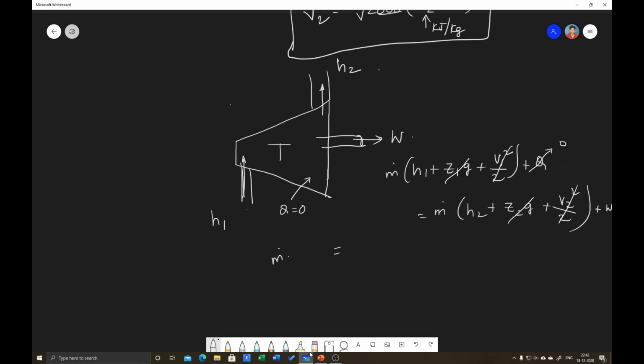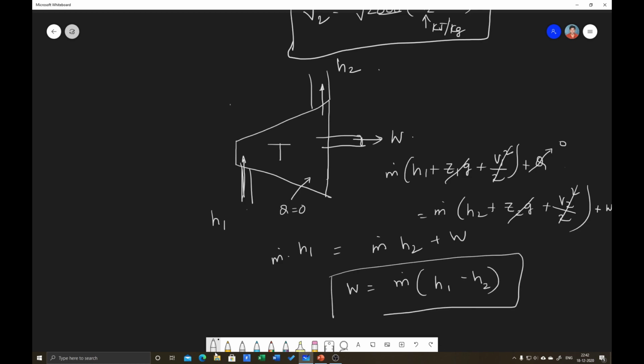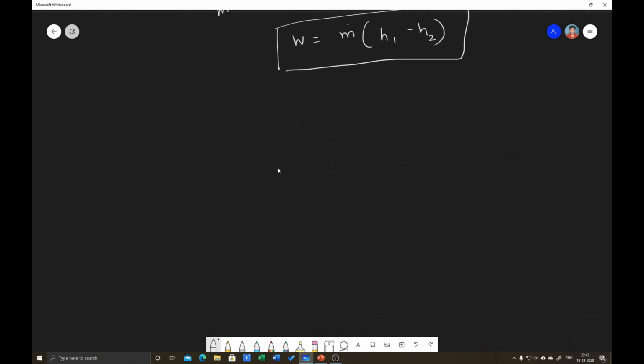Z1 and Z2 are equal. So we get m dot into H1 is equal to m dot into H2 plus W. So W is equal to m dot into H1 minus H2. If you know the enthalpies of steam at inlet and exit, we can easily calculate the amount of work produced by a turbine. This is how the first law or steady flow energy equation is applied to a turbine.